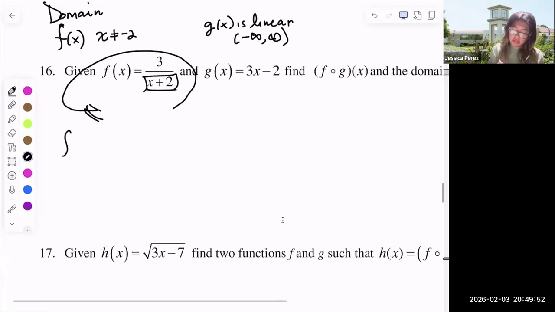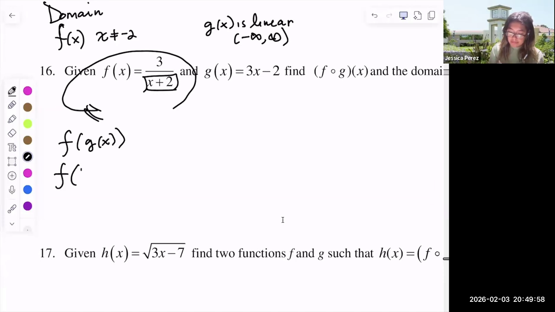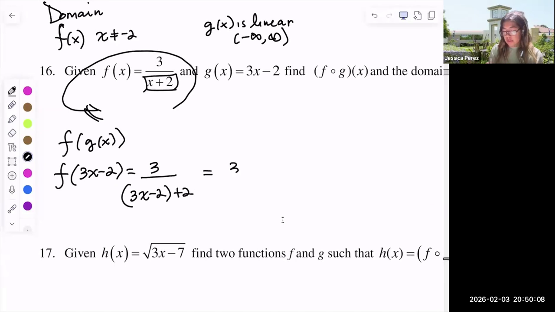So if we do f composed with g of x, well, g doesn't have any restrictions, so f of 3x minus 2, if we substitute it, that gives us 3 over 3x minus 2 plus 2. So this is 3 over 3x, or 1 over x, where x cannot equal 0.